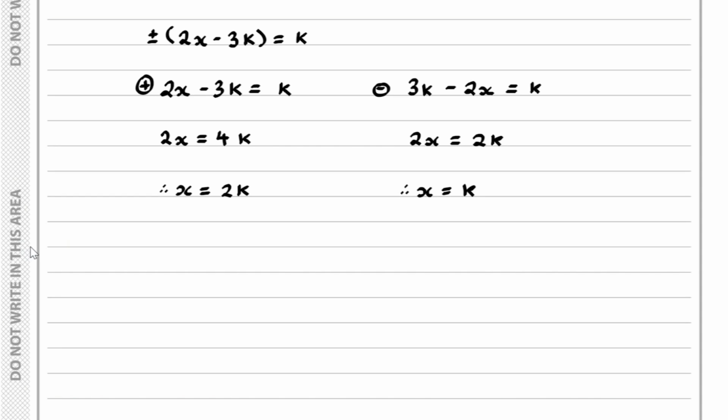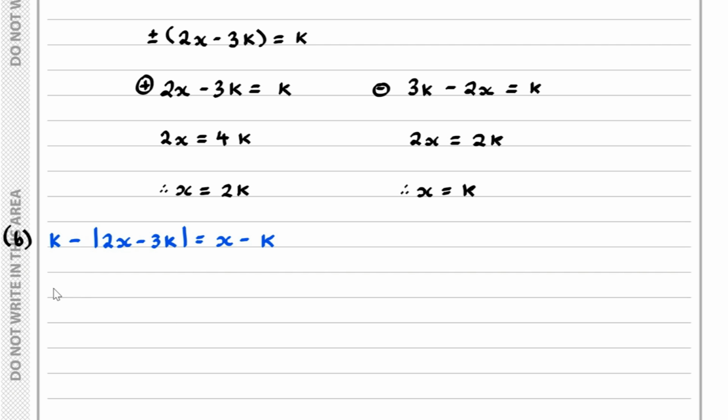Hence, for part B, if we replace the inequality sign with an equal sign, we have k minus the mod of 2x minus 3k equaling x minus k.